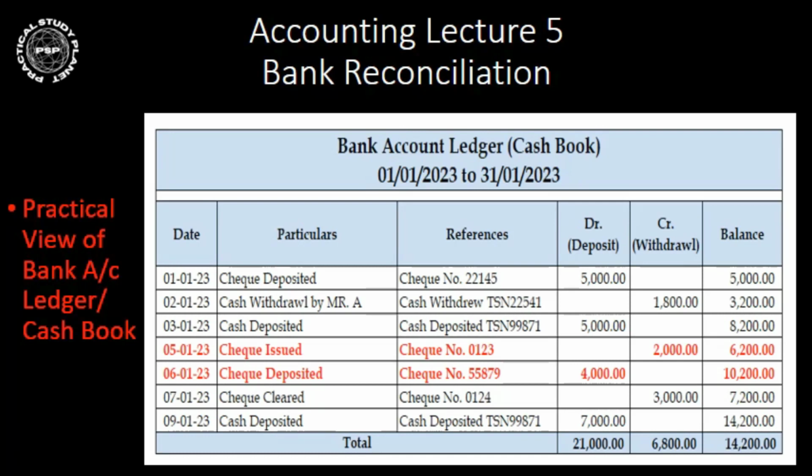See these and keep in mind all transactions carefully. This will be discussed in our example to prepare the bank reconciliation statement. We will discuss one by one because we need to check and clarify the discrepancies.